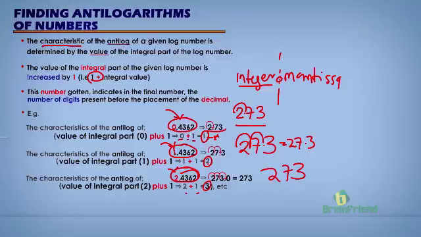In this number string, we have our integral value as 3, indicating 3 digits before our decimal point. So if we move our decimal point here, 2 times, 3 times, that would be 273.0, which of course is still 273.